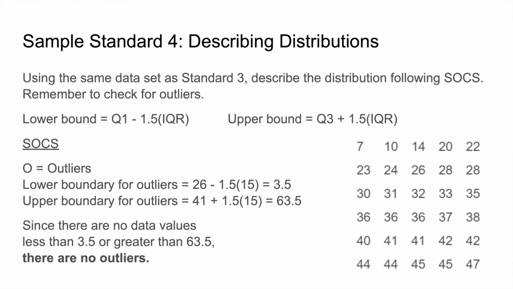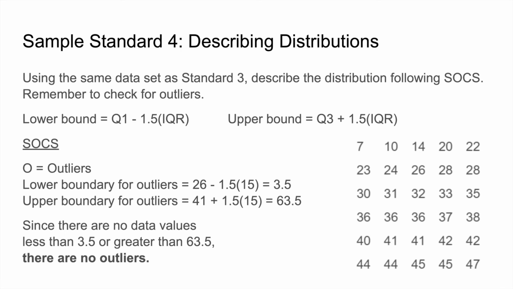Let's check for outliers. For outliers, it's all about the formulas. Q1 minus 1.5 times the IQR, Q3 plus 1.5 times the IQR. The O in SOX stands for outliers. We go ahead and do that work. We end up with a lower boundary of 3.5 and an upper boundary of 63.5. If there are any numbers in our data set less than the lower boundary, they are outliers.